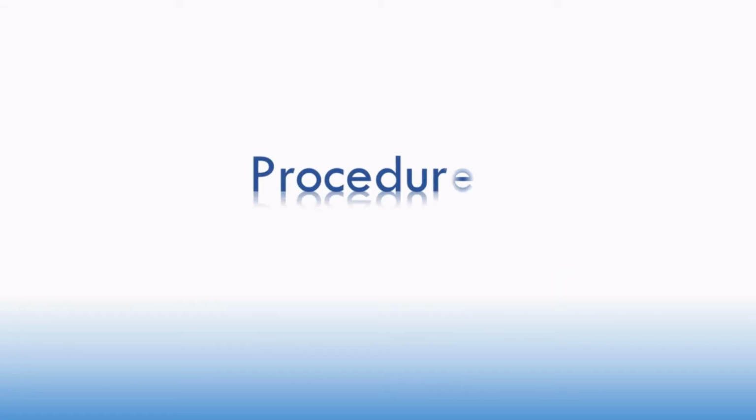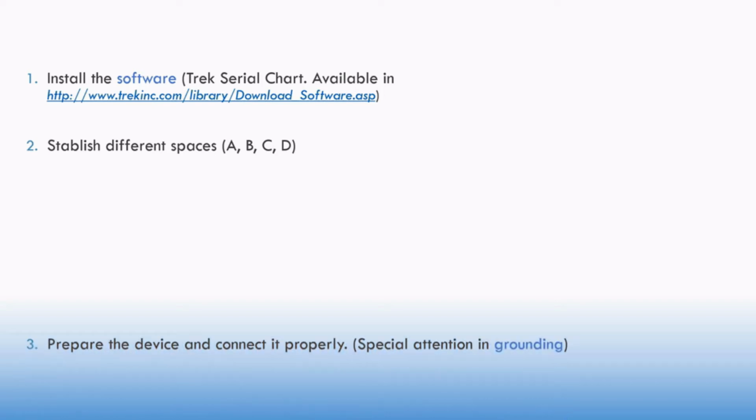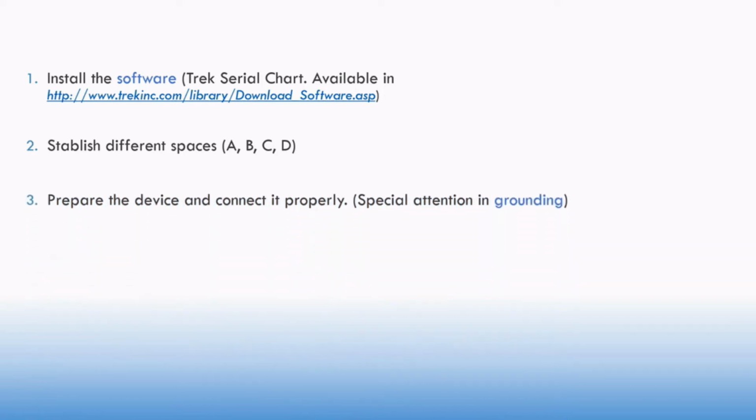And what is the procedure? First, we have to install the software Trek serial card available on this web page. It's a free download. Second, we have to establish different spaces, in our case A, B, C, and D. Third, we have to prepare the device and connect it properly.